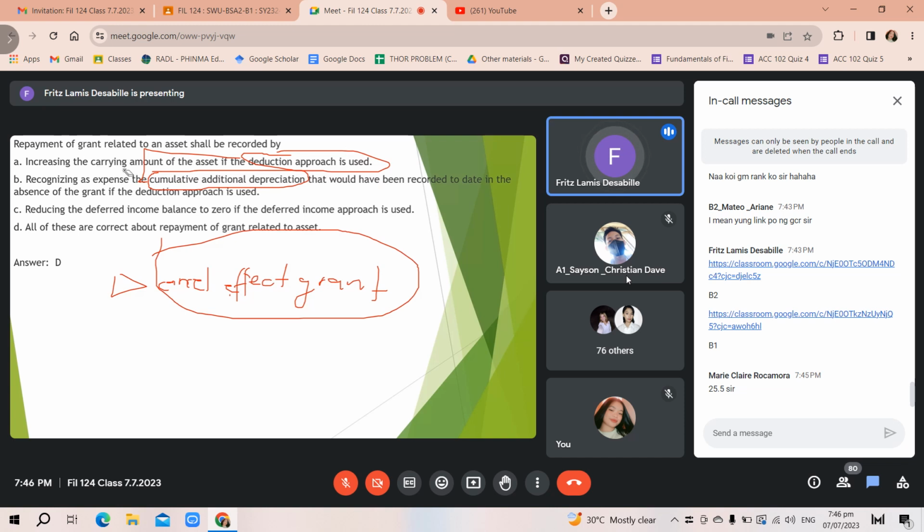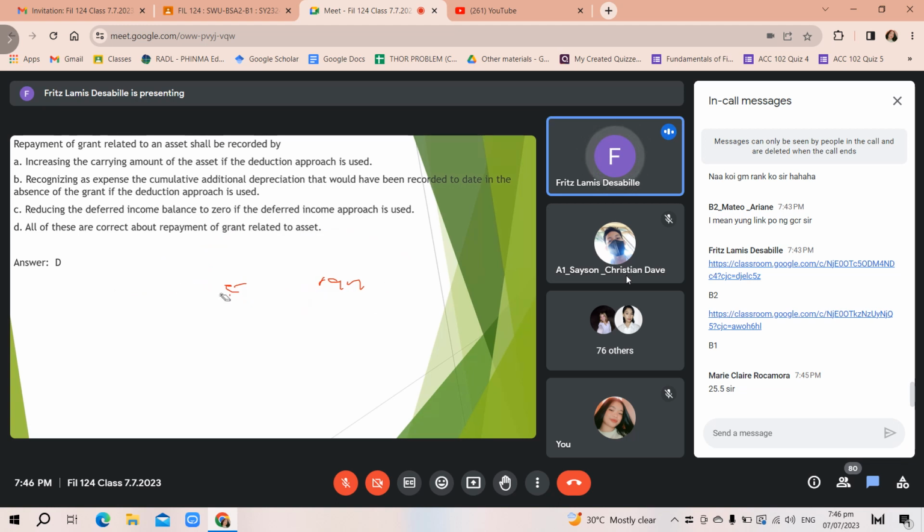We increase the carrying amount of the asset if the deduction approach is used. And we recognize the expense, the cumulative additional depreciation that would have been recorded to date in the absence of the grant.